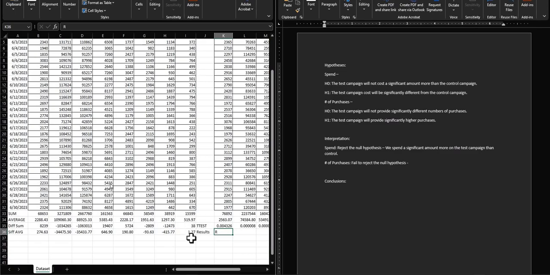Yeah, we had a very small difference. There were more purchases, but they were very, very small. There was not a significant difference in purchases between the test and control campaigns.